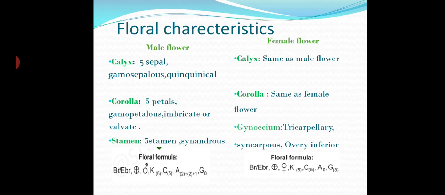First, we can write floral formula of male flower. In some exceptional cases, they are bracteate. So, we can write it is bracteate or abracteate, that is BR or EBR.